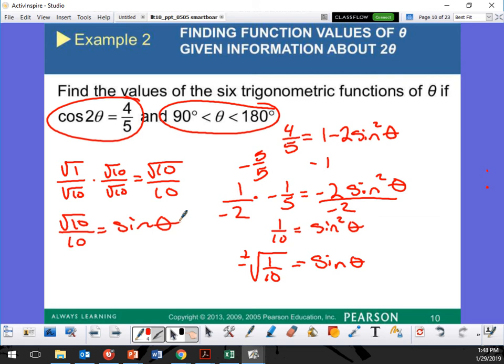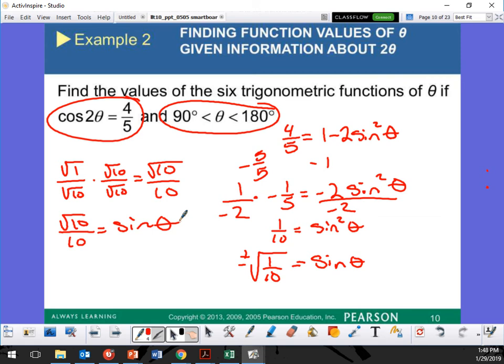Okay? So given that much information, I went through and I found that sine theta is equal to rad 10 over 10, right? Equal to rad 10 over 10. So now from there, I know that sine is what over what?